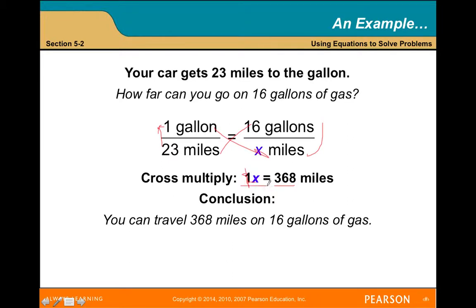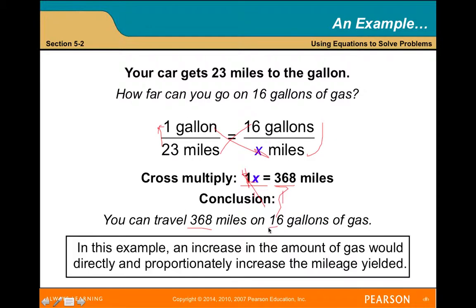Because if you divide 1x by 1 to get rid of the 1 in the 1x, and you divide 368 over 1, you still get 368. So you can travel 368 miles on 16 gallons of gas. In this example, an increase in the amount of gas would directly and proportionately increase the mileage yielded.